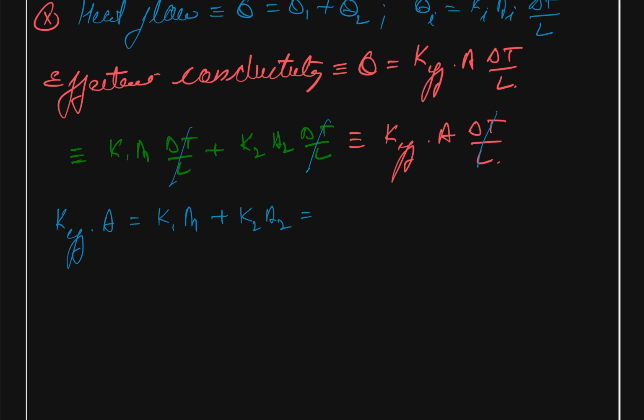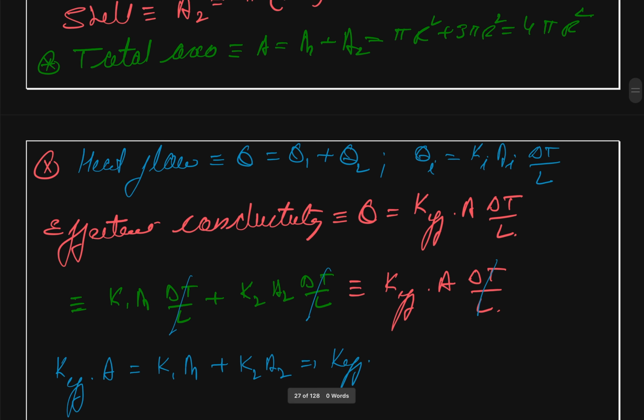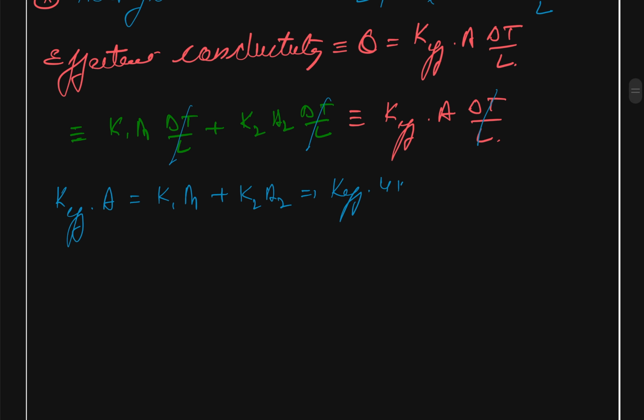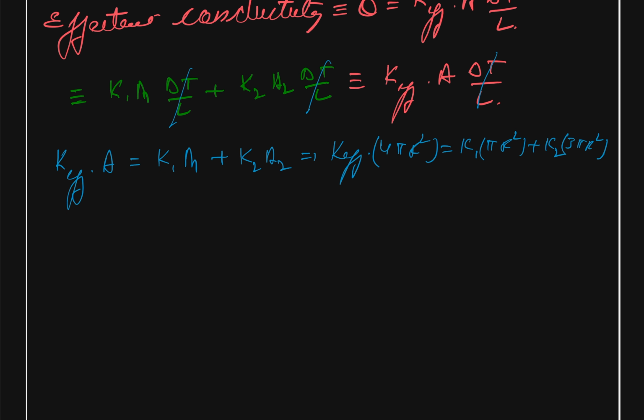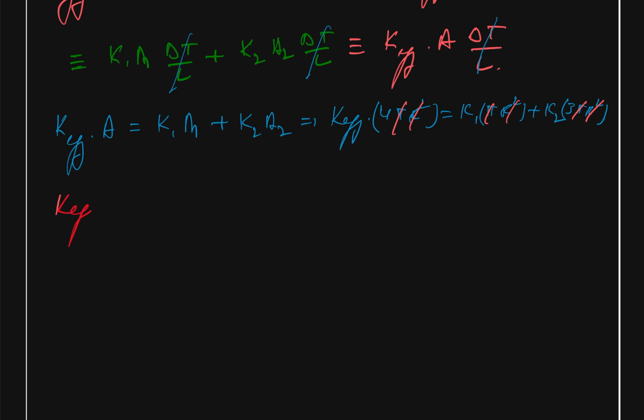We simply substitute the areas, we get this as K effective area, total area is our 4 pi r square, and K1 inner area is our pi r square plus K2, and this is our 3 pi r square, and this pi r square cancels out throughout, so we get this as K effective will be equal to K1 plus 3 times K2 upon 4.